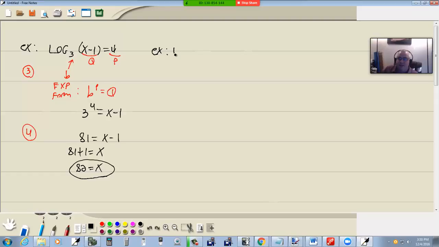Although I'm not going to finish this problem, because it won't actually work out. I'll show the setup. Okay, step 1, get everything with a log on one side, numbers on the other side. That's done.